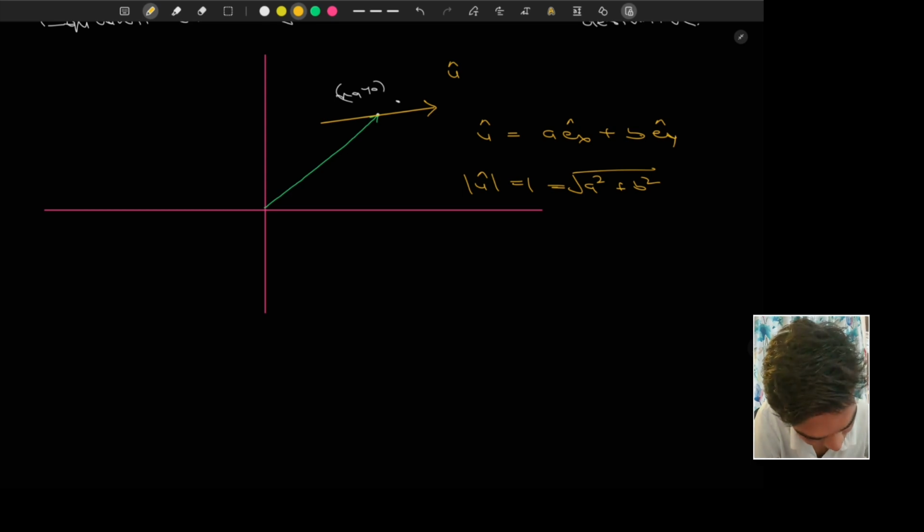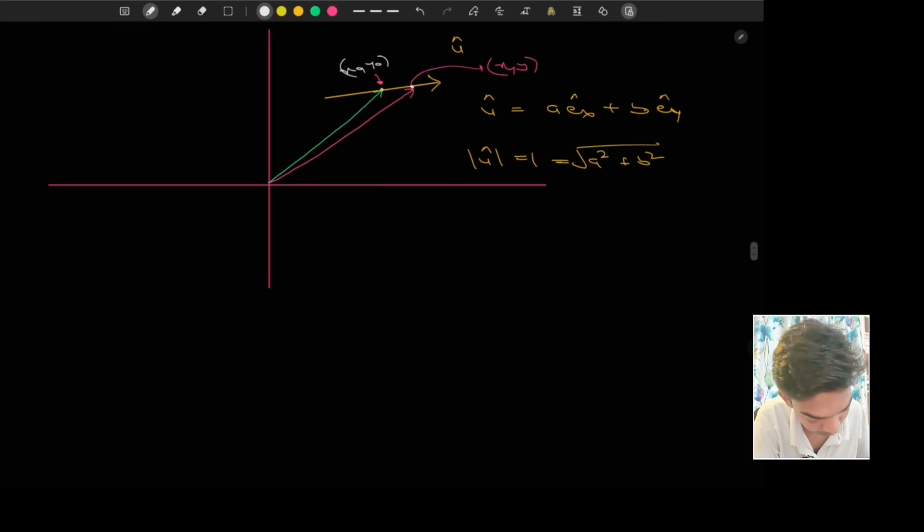This other vector lies on this line, on this vector u. So this point is given by x0, y0, and this point is given by some x comma y. I have to figure out the equation of this line. That's what I am doing all this for.